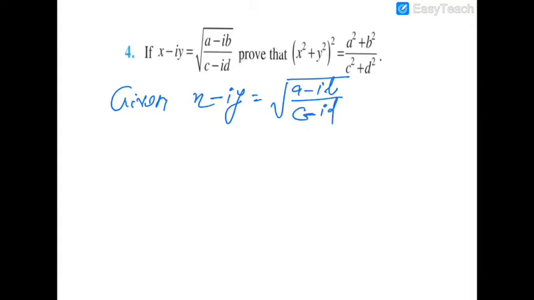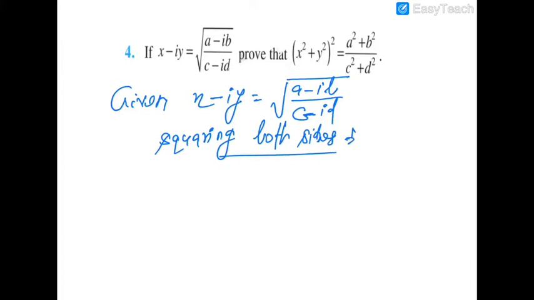Now after that, we'll be squaring both sides. So we'll square both sides, and then we'll be getting (x minus iy) whole square is equal to (a minus ib) upon (c minus id). This much only.